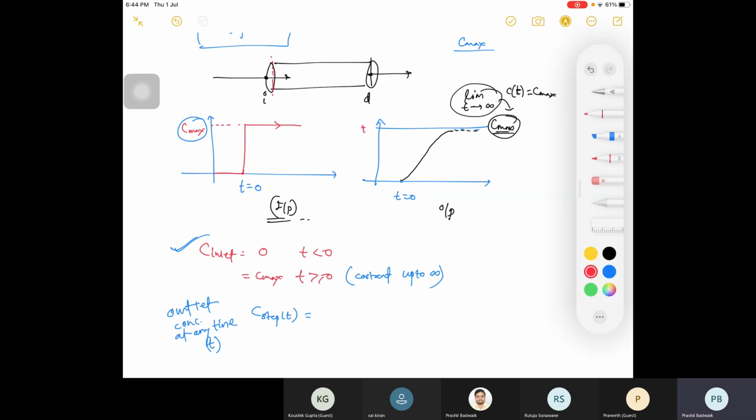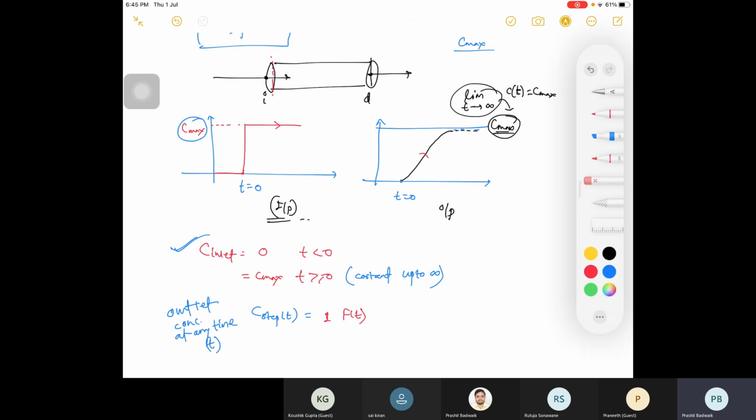Suppose this value is 1. So you will have this curve as your E of t or F of t. So C step at any time is equal to F of t, and this value is 1. That's why I'm writing 1 here.